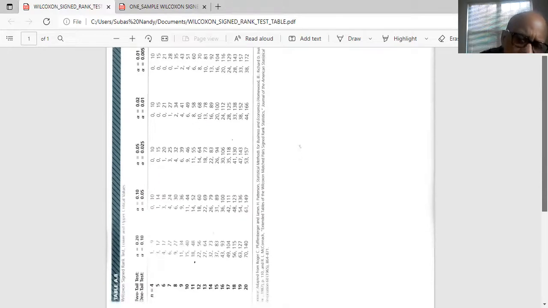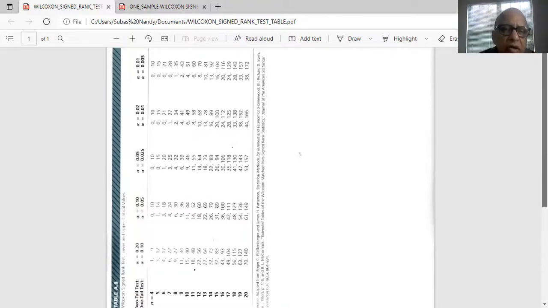What is it? It is 26 and 79. And if you go to the last column for a single one tail test on the top row, 0.005, what is it? It is 13 and 92 for n equal to 14.